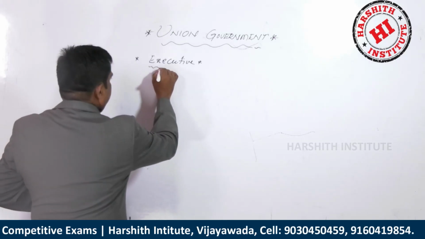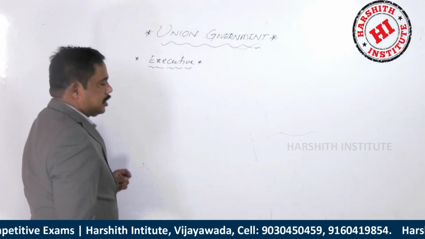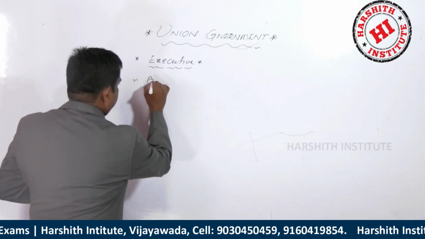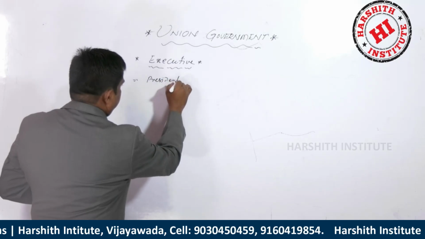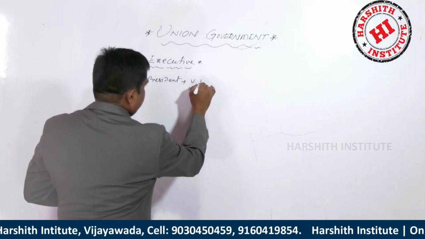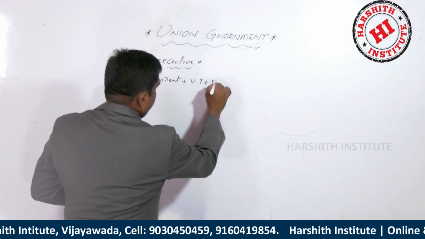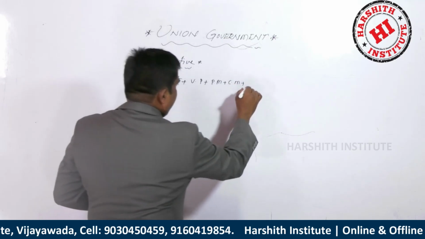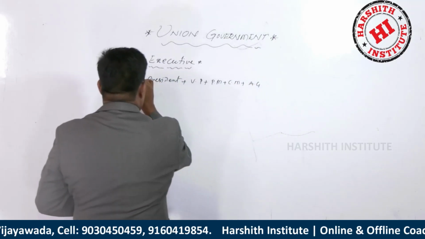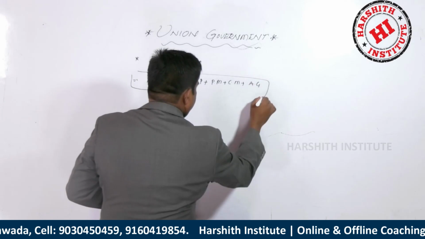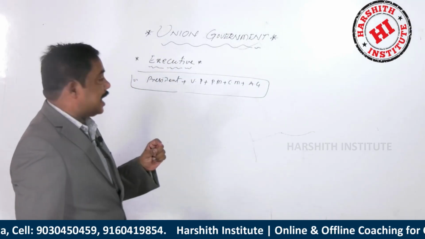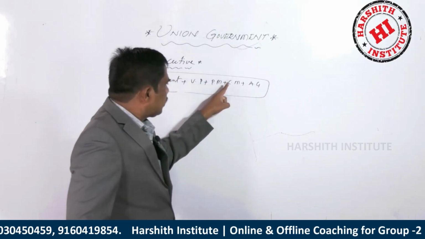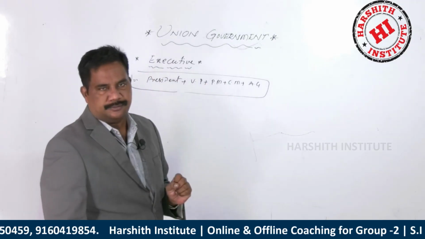According to the Indian government system, executive means president plus vice president plus prime minister plus council of ministers and attorney general. These are called the union executive.